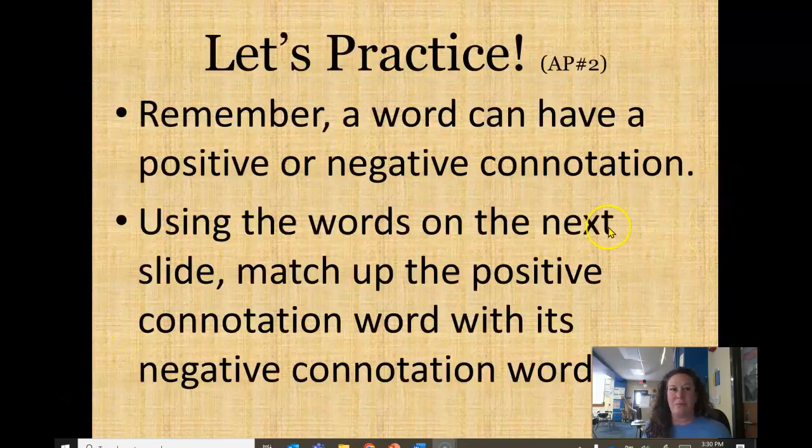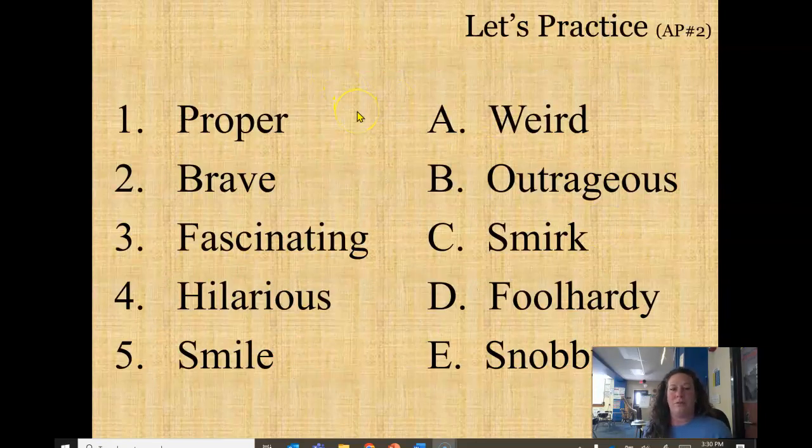This next part is a practice part, and you're just going to match up the word to the positive connotation to the negative connotation. So remember, the dictionary definition will essentially mean the same thing, but we're going to match the positive and negatives together. You should, on your piece of paper, have something that looks very similar to this. So we have proper is across from weird, brave is outrageous, or it's not outrageous, don't connect those.